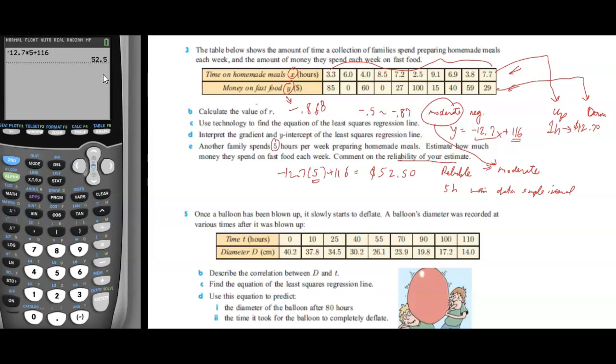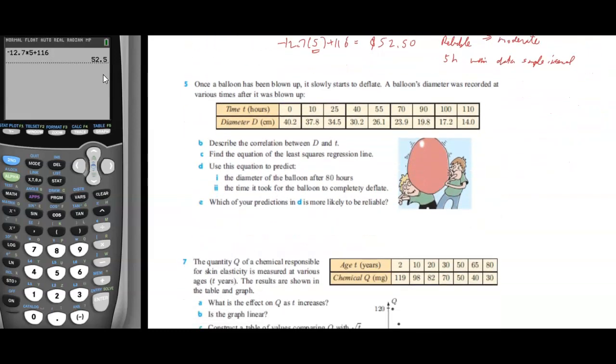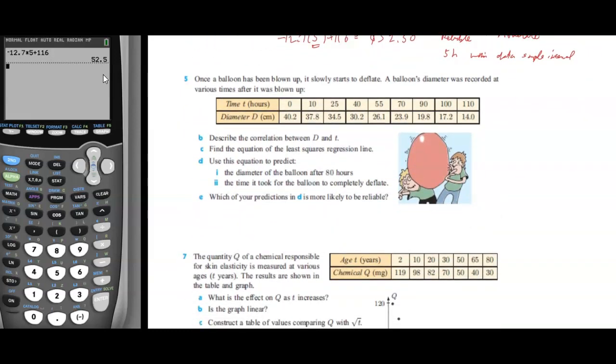So that means that we are interpolating, and interpolation is more reliable. So you should mention both of those things, that the R value is moderate and that we're interpolating. Okay, let's move on to the next one.